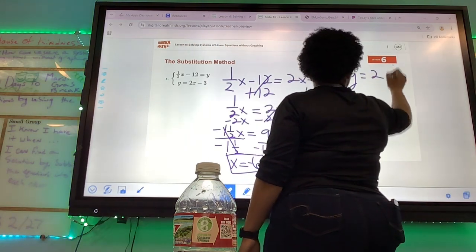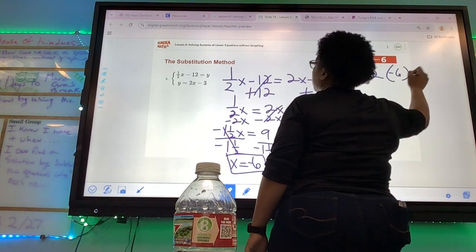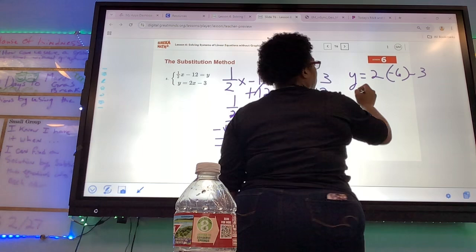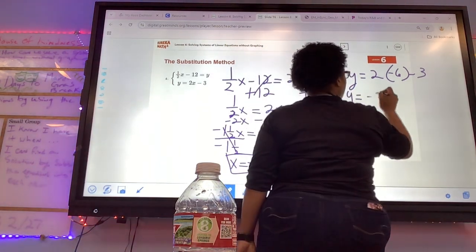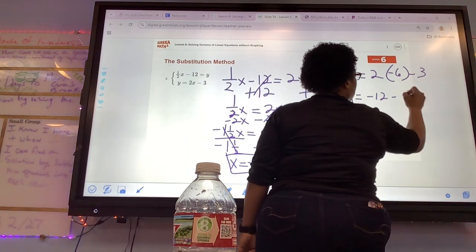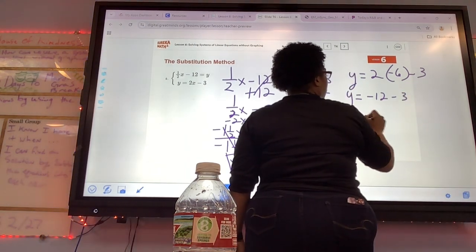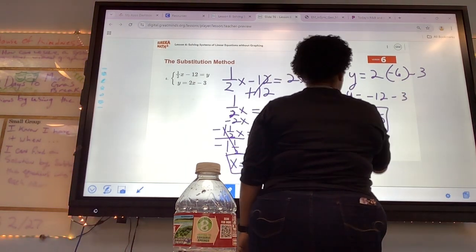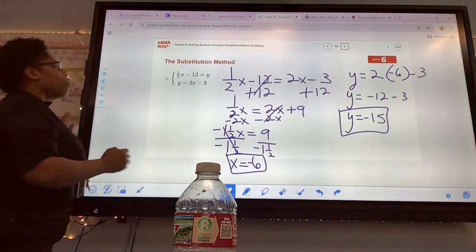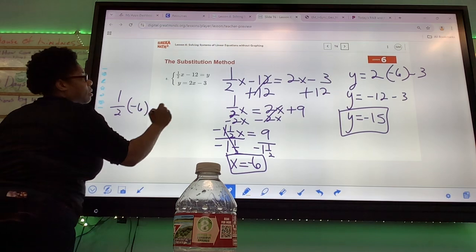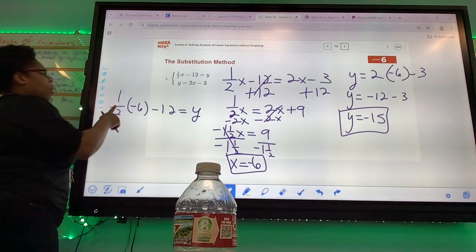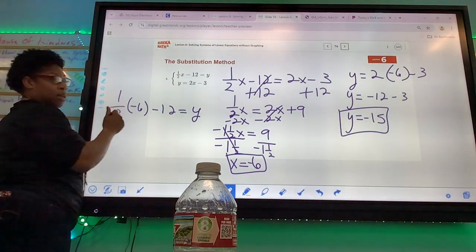y equals 2 times my x, which is now negative 6, minus 3. So 2 times negative 6 turns into negative 12. Negative 12 minus 3 turns into negative 15. And I'm going to show y'all, for my people who might have wanted to use the first equation, 1/2 times negative 6 minus 12 equals y. 1/2 times negative 6 is negative 3.